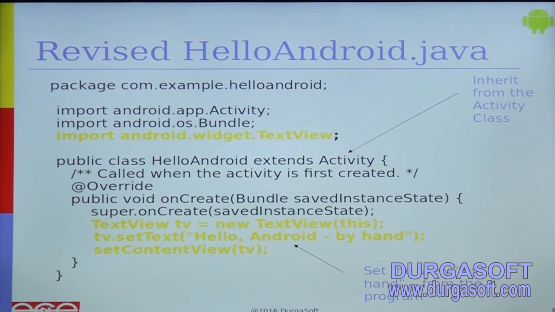This is called dynamic creation of a TextView here, which means it doesn't have any XML layout. Instead, I simply create a TextView here and give it to setContentView. If I'm going to use a layout, I'll give R.layout.name here.